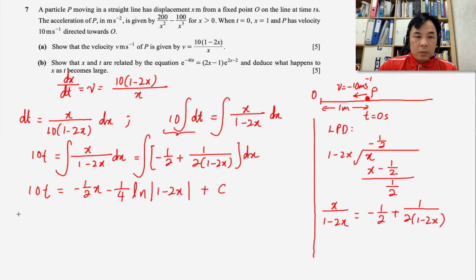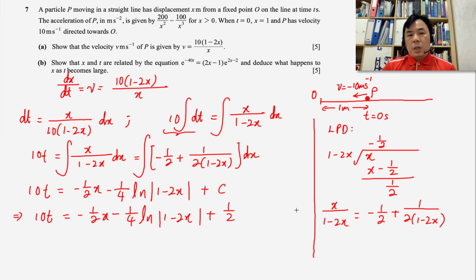And then I can rewrite this as 10t equal to negative half x negative quarter plus a half. Just let me recheck one more time in case I make a mistake over here. Let's see. Yes, and then there you have it.